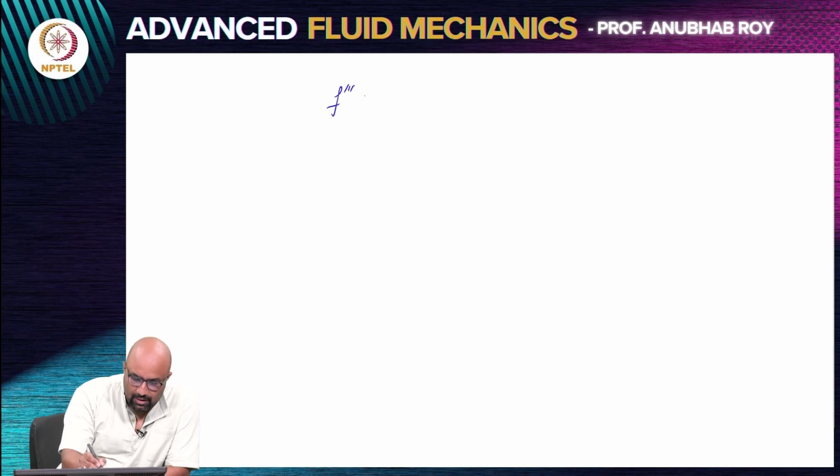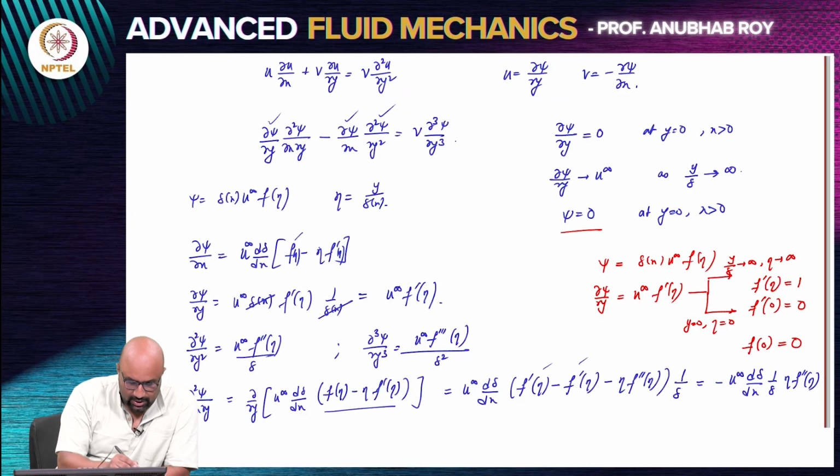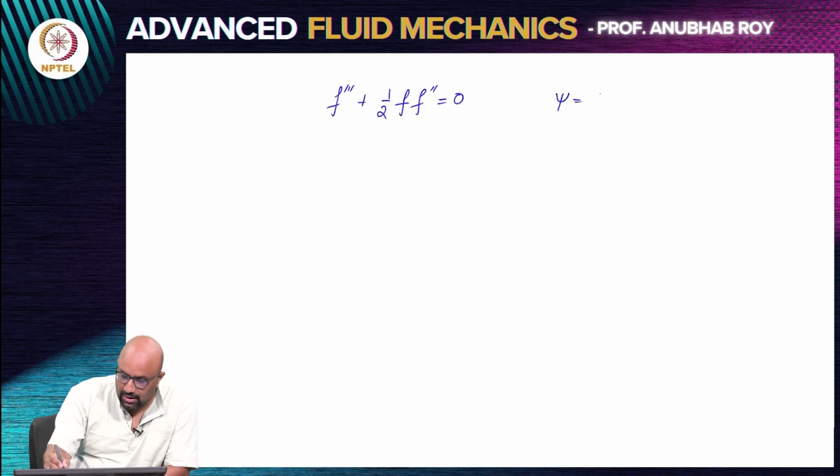f, which allows us to compute the stream function. So, we had psi, the stream function, given as delta x u infinity or u external into f of eta.